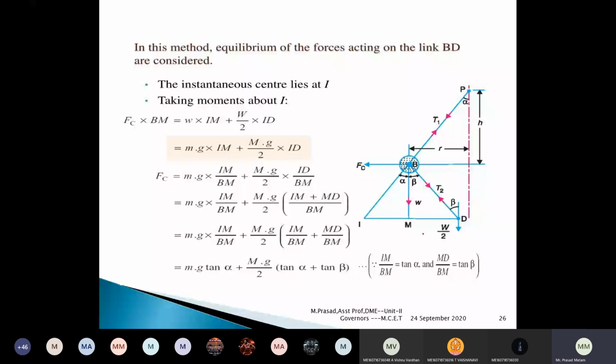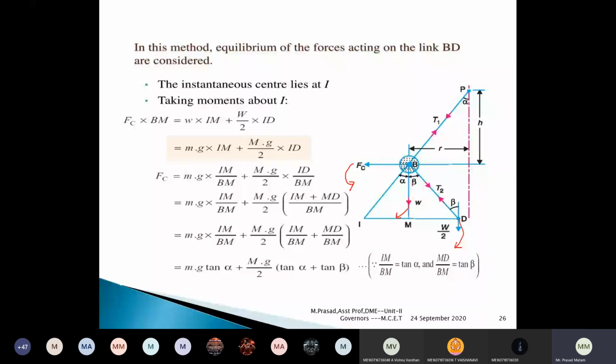With respect to this I, this Fc moves in clockwise motion. Similarly, this weight moves in anti-clockwise motion, and this moves in clockwise motion. Similarly, half of the central load also moves in clockwise motion. So one is anti-clockwise motion and the remaining two are clockwise motions.